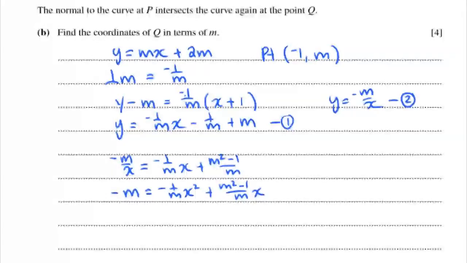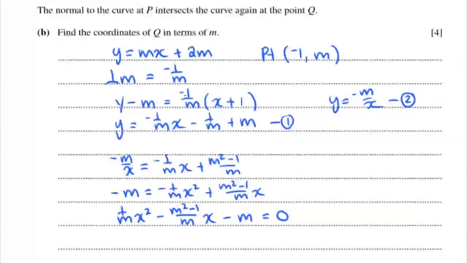Let's take everything over to the left. -1 on mx squared, plus, no, it's actually going to be minus. The reason we took it over was to get rid of that minus sign. And the next term would become negative m squared minus 1. Actually, we can make that 1 minus m squared and make it positive. Don't worry about it at the moment. And we still have the minus m, and that equals 0.